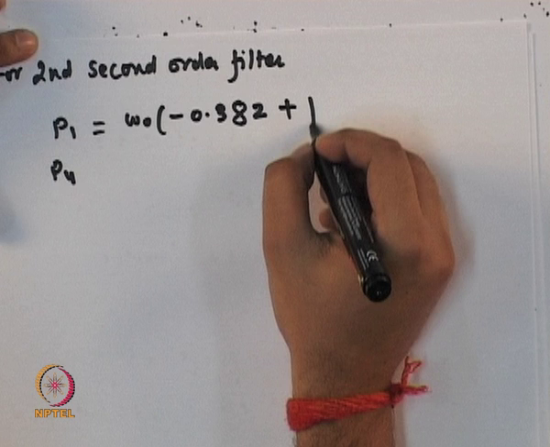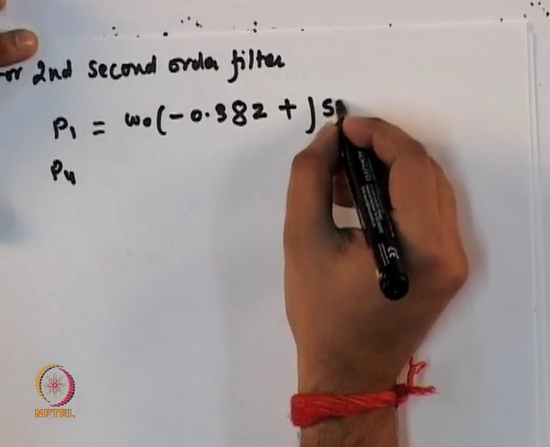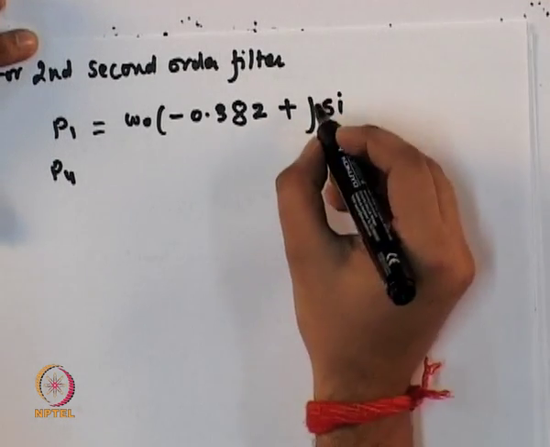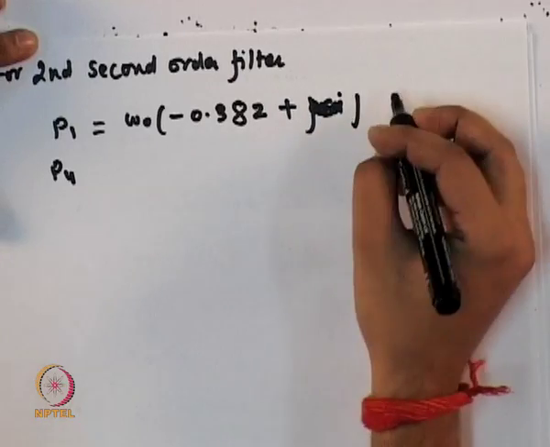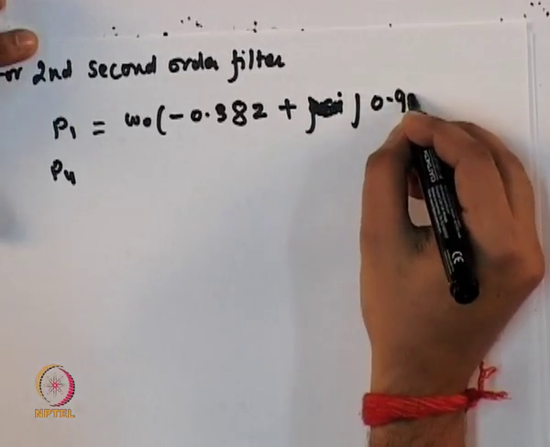Now for the second second order filter we are taking poles P1 and P4. P1 is omega naught times minus 0.382 plus j 0.923.